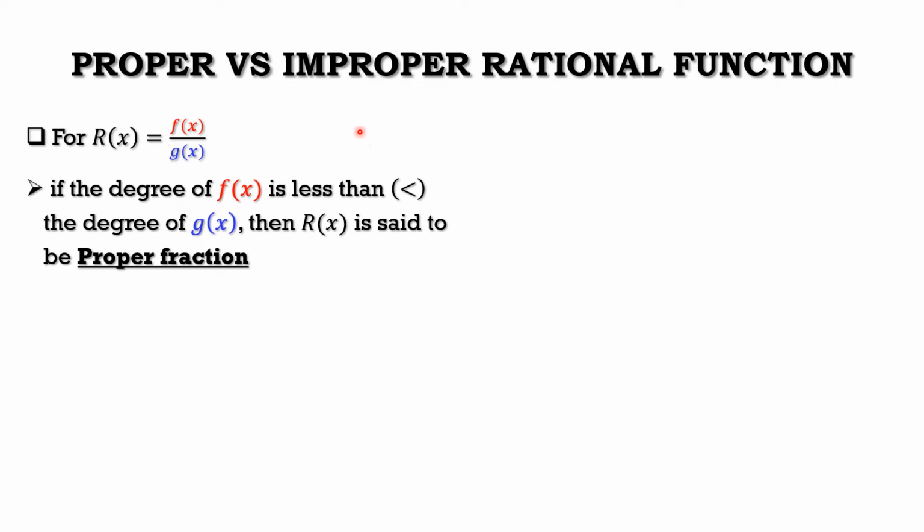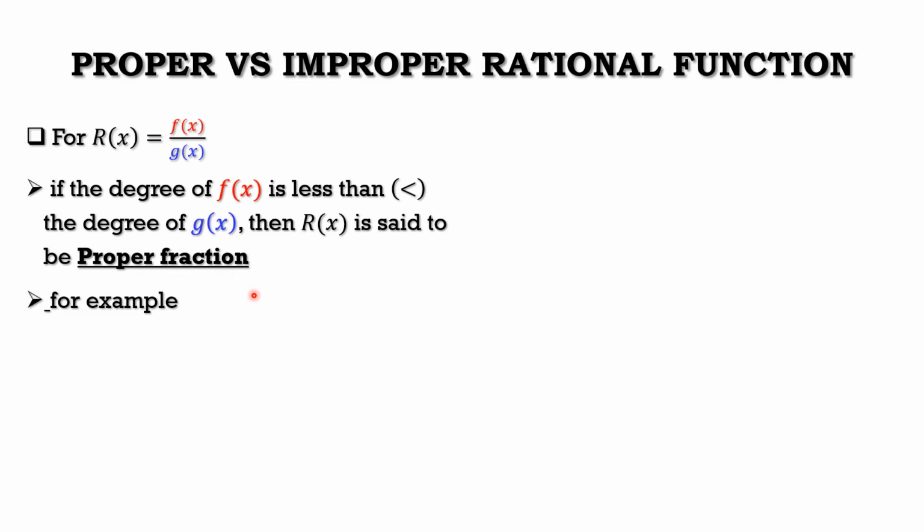So when you come to rational function, which is also a fraction where the numerator is a polynomial function and the denominator is also a polynomial function, that particular fraction can also be proper and improper. Now, what makes it proper? And as we are saying here, if the degree of f of x is less than the degree of g of x, then that particular rational function becomes a proper rational fraction.